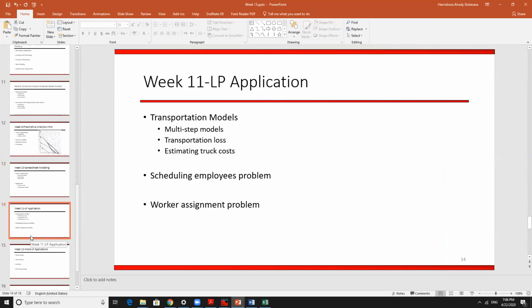In week 11, we went to further applications, and we went deep into the transportation model. We saw 3 applications of the transportation model in multi-step models, general transportation, and estimating truck costs. We had other examples: scheduling employees, and also work assignments.